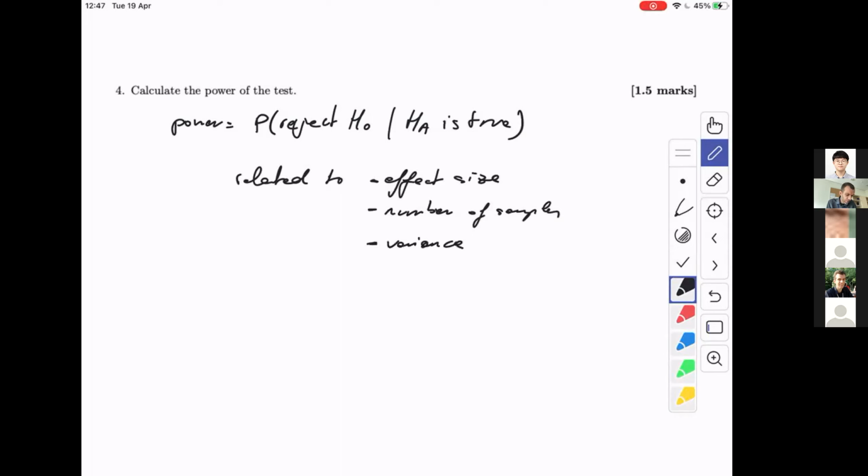And the key formula here is that the number of samples is equal to Z_{1-alpha/2} plus Z_{1-beta}, squared, times sigma squared, divided by (mu0 minus mu1) squared.